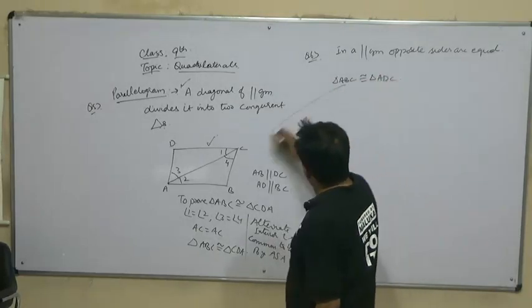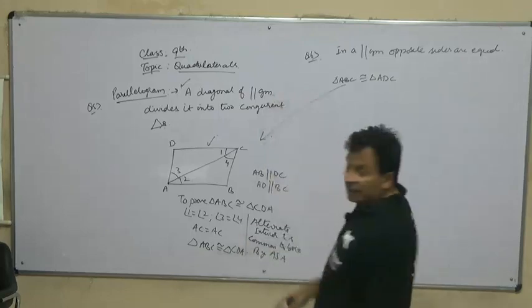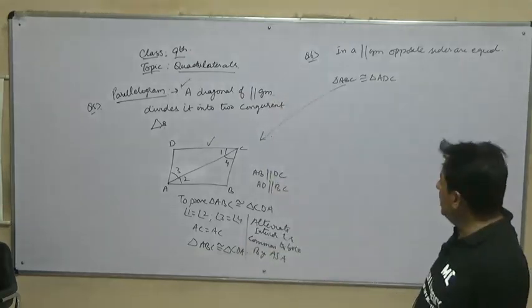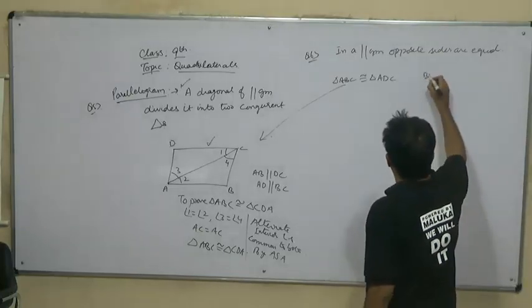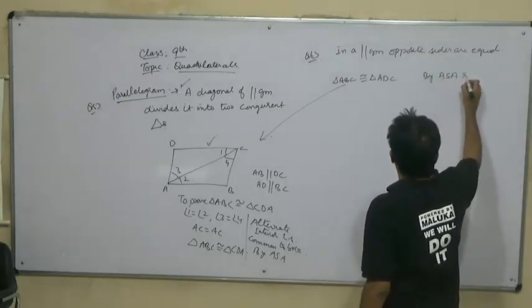So we are referring to the same figure here because there is nothing different in this, it is the same thing. Now this we have proved congruent by ASA rule.